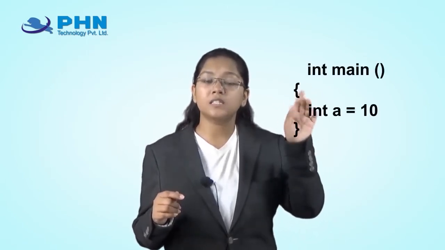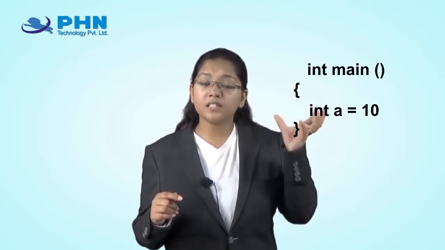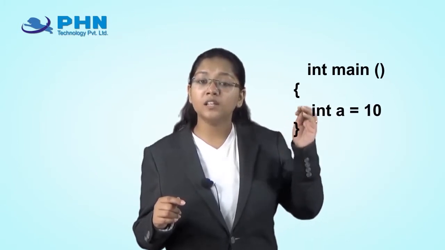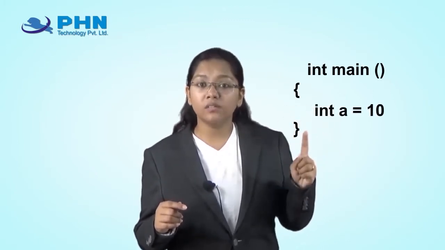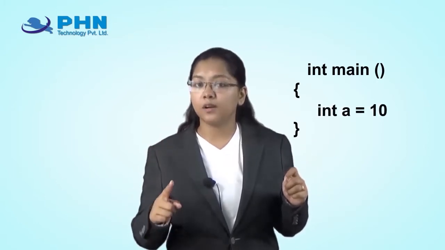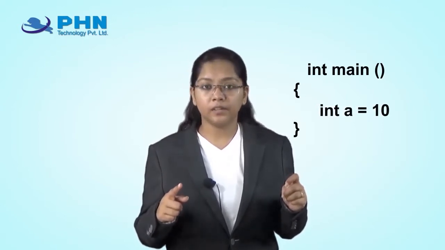Now let's see, here I have int a is equal to 10. This is my local variable because nothing is specified there and it is declared inside a particular function, and hence it is a local variable. And we know that local variables are only accessible to the particular function where they are declared, right?